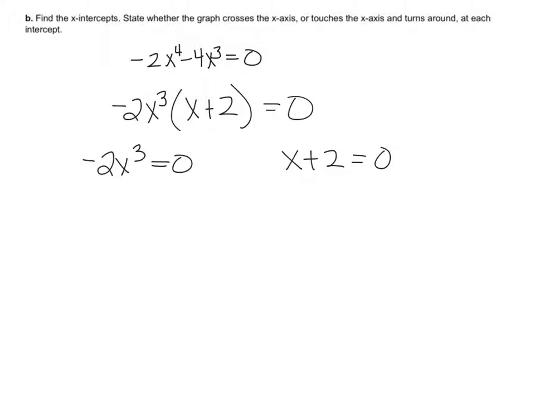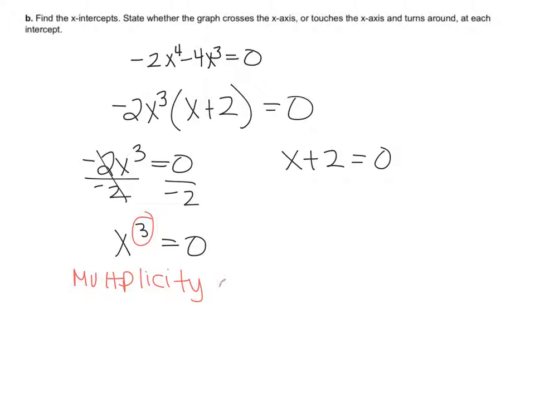So with negative 2x cubed, I'll divide both sides by negative 2, and I have x cubed equals 0. Now notice that we have a cubed here. That means that my solution to x cubed equals 0 is going to have a multiplicity of 3.